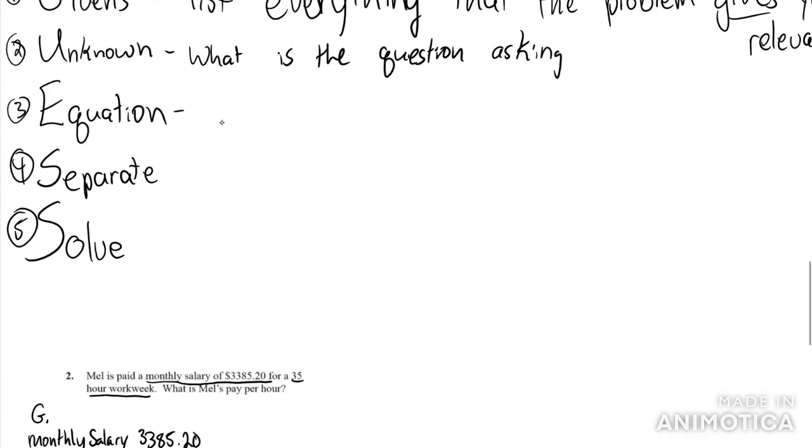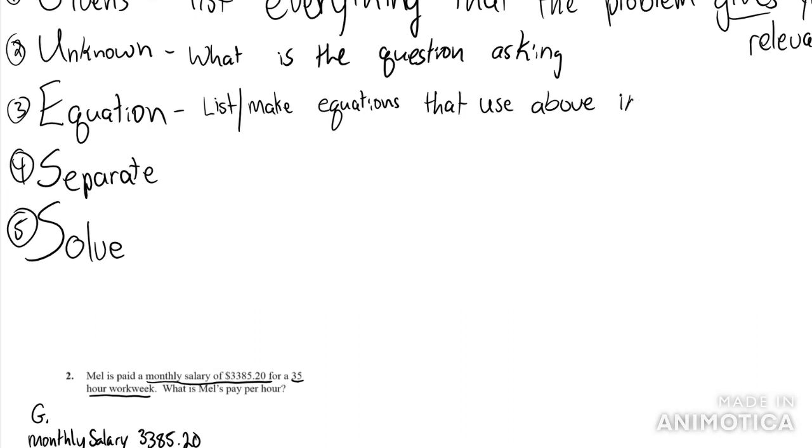Next up is equation. So there's two options here. You are going to either list or make an equation that uses the above information, as much of it as you can.